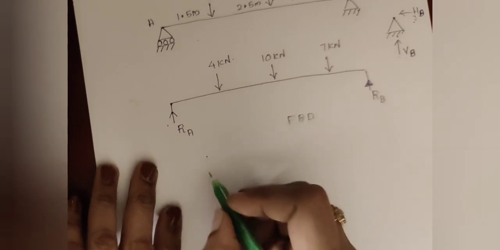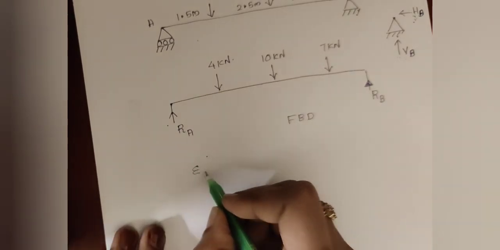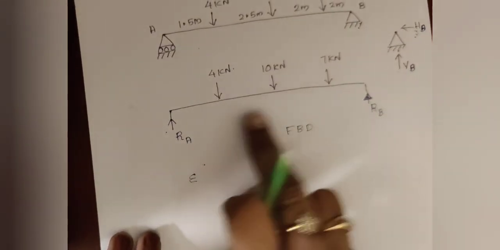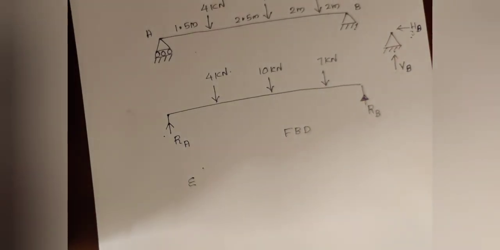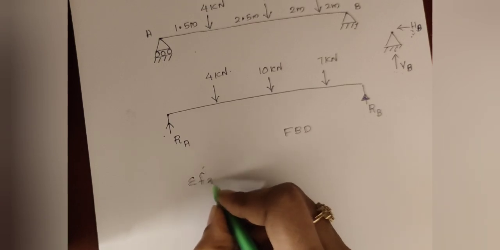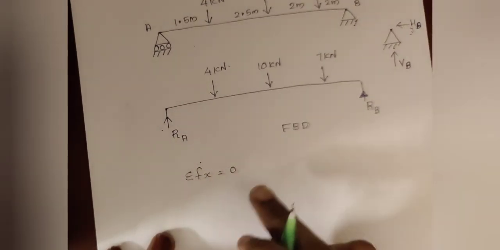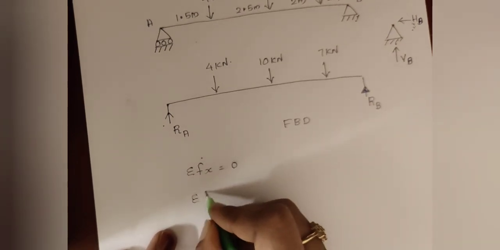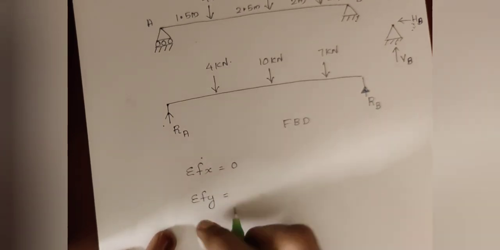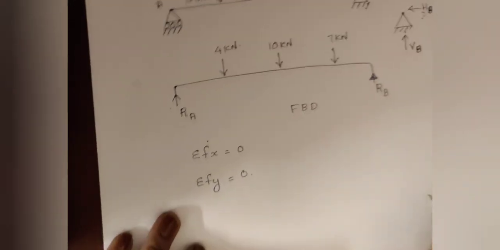Next step is you have to apply the equations of equilibrium. Here you are having all the external loads that are vertical. So sigma fx is not applicable. Sigma fx is equal to 0, we don't have to take this equation. So you have to take the first equation as sigma fy is equal to 0.